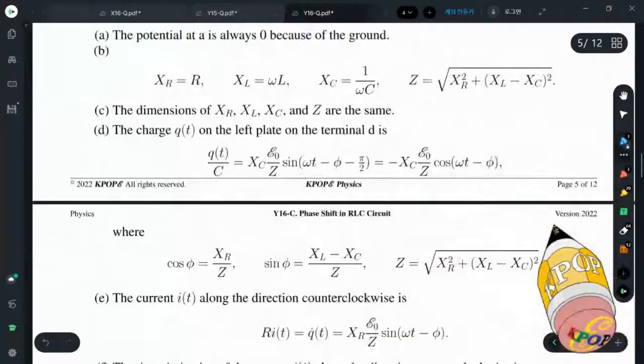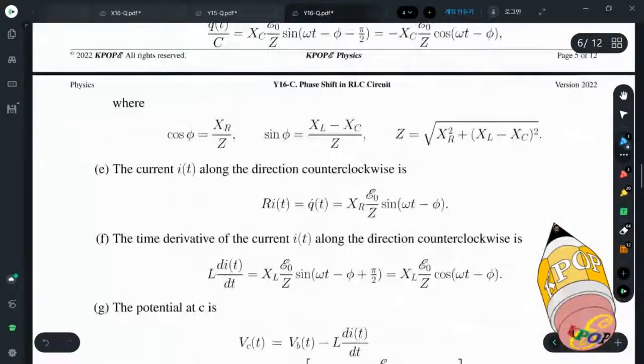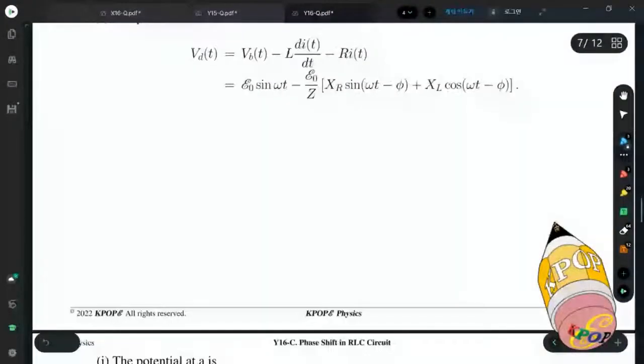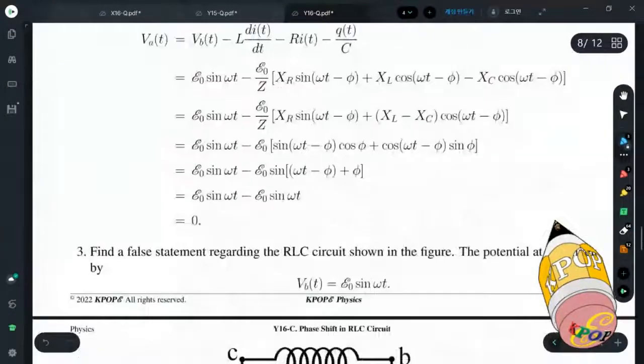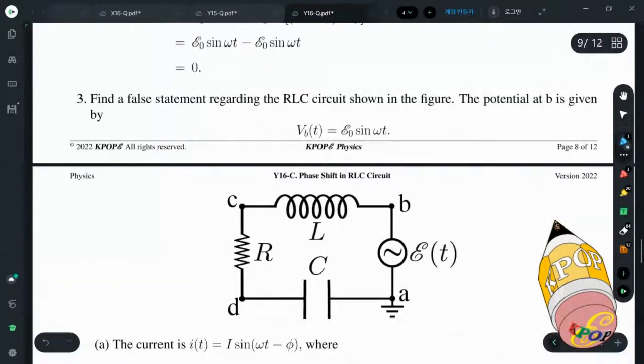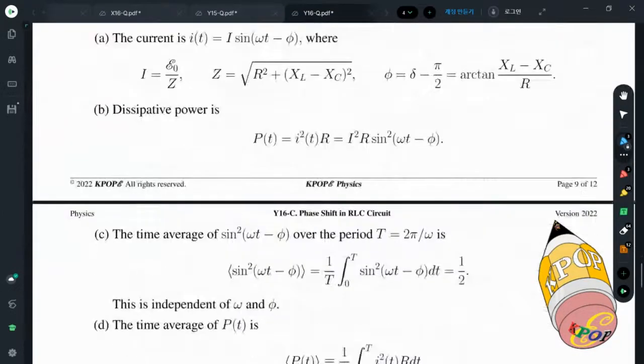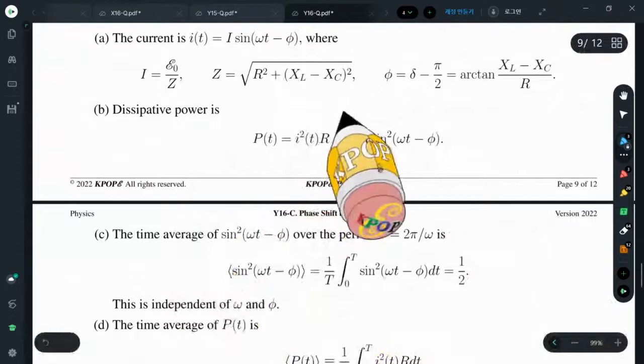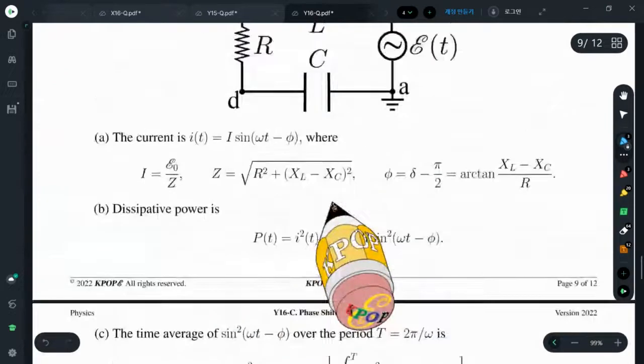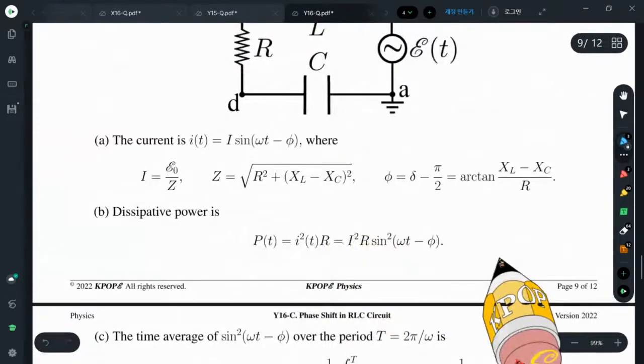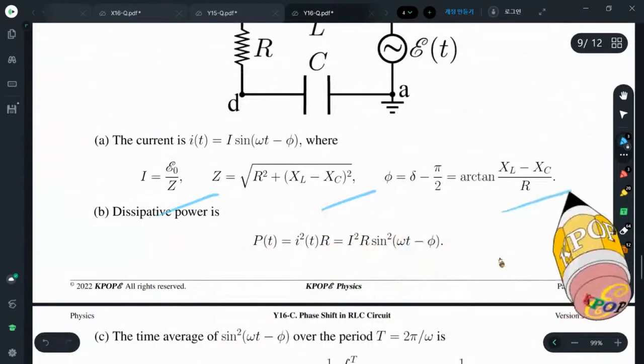Everything is the same. This part, that's fine.